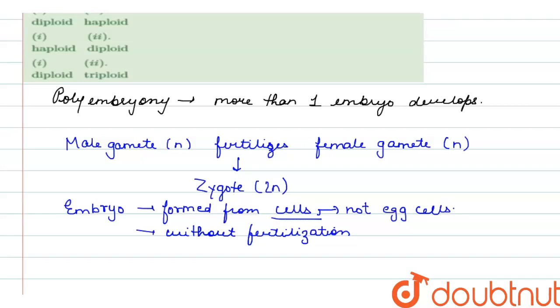So due to lack of fertilization, what is happening here is that the embryo is being formed from cells which are not egg cells and there is no fertilization.